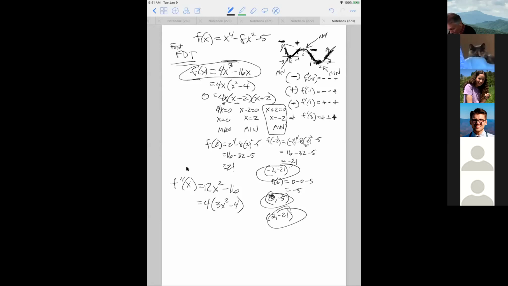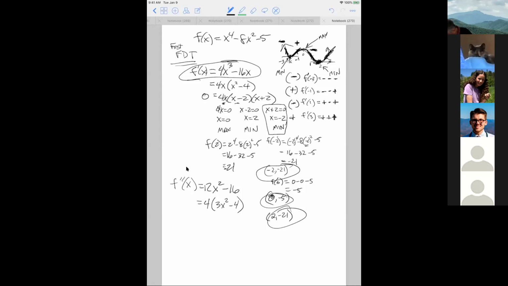Okay, so now what we can do is plug the critical numbers into this function and see if the answer is positive or negative in each case, okay? And that's going to tell us if it's concave up or concave down.